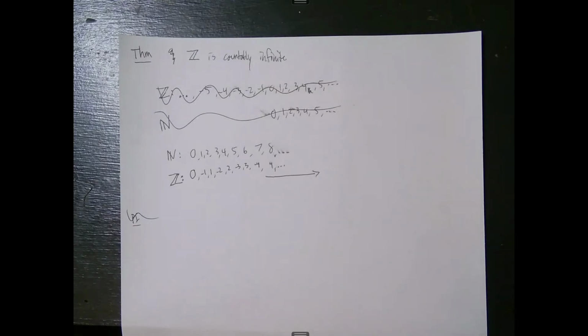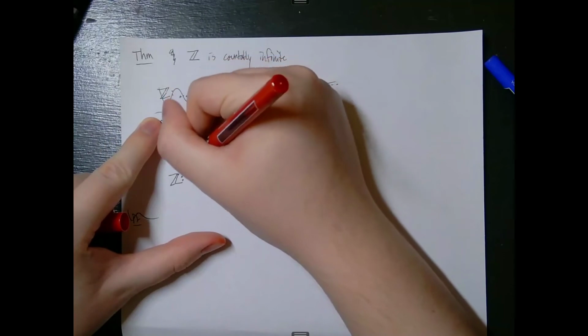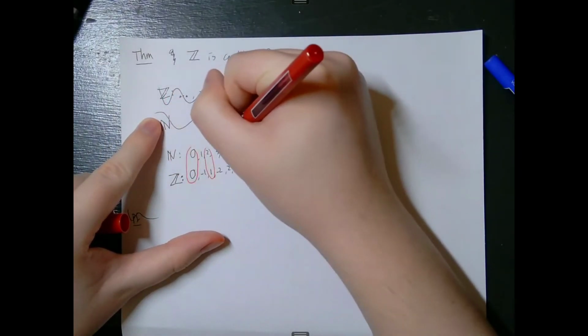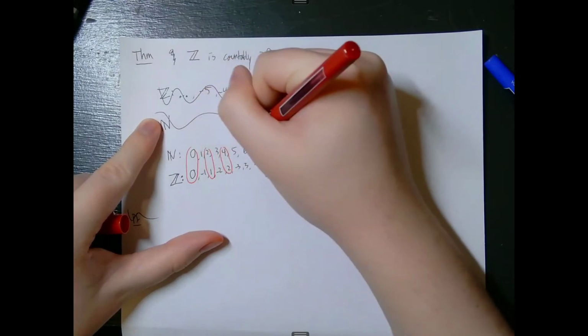So the reason why I lined these up is not a coincidence. What I'm going to do is circle every other natural number like this in red.